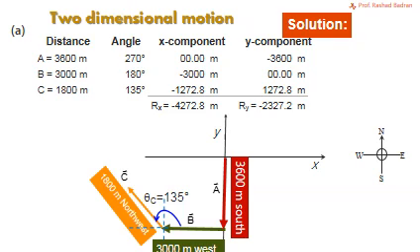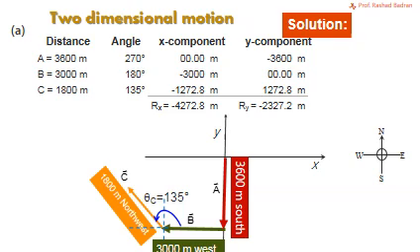As you can see, the y component is heading north, while the x component is heading towards west. In order to take the resultant of these displacements, we take the addition of the x components, including the signs, and the y components, including the signs.